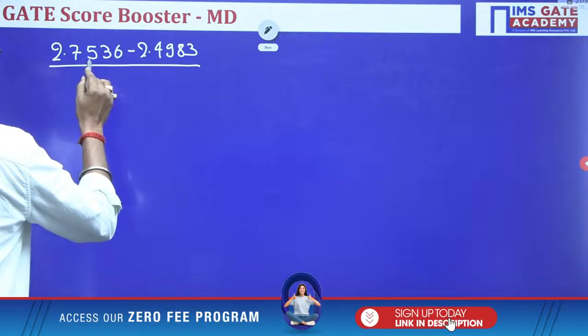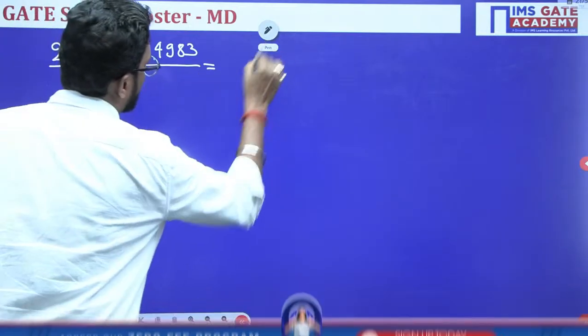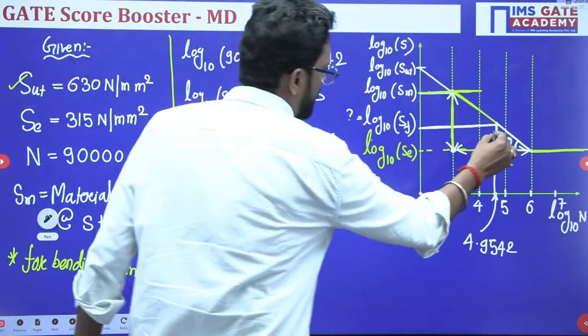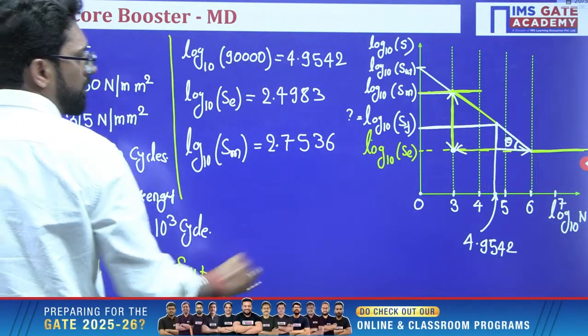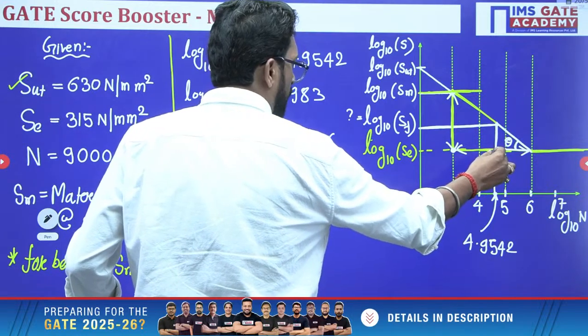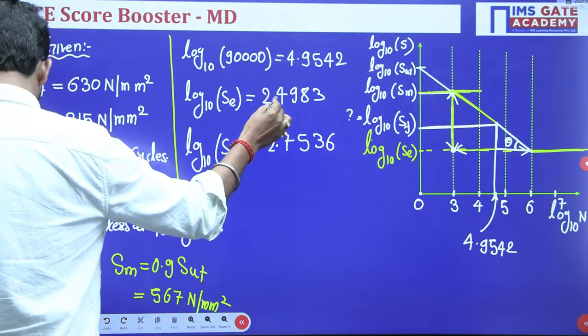This is the bigger triangle, and this is the smaller triangle, log base 10 SF divided by log base 10 SE. The value of SE is 2.49.